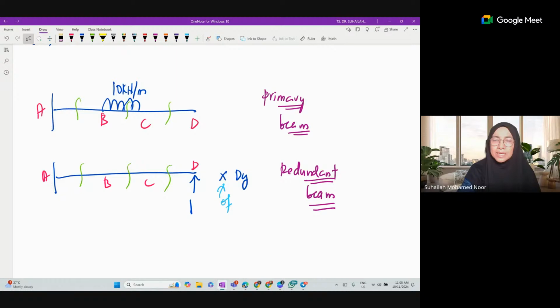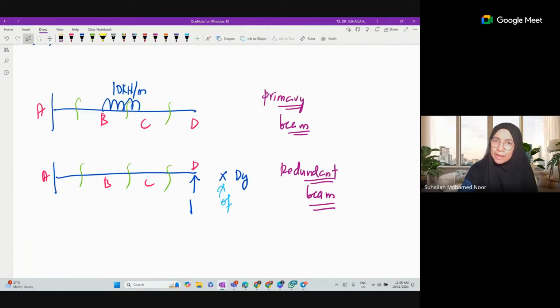Another thing is, if the primary beam has 3 cutting sections, A to B, B to C, C to D, the redundant beam must have the same, because whenever we want to solve for the displacement, we have to integrate the same section.